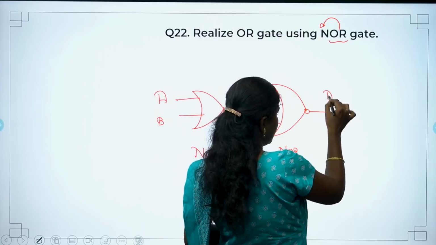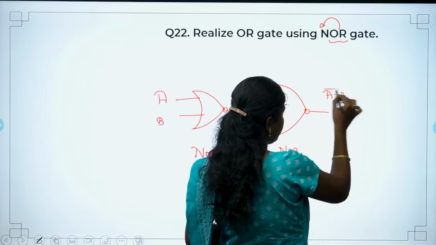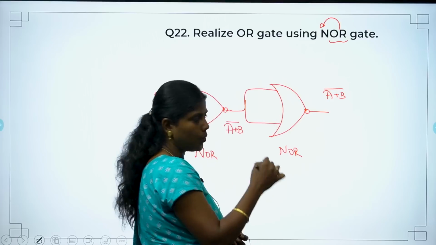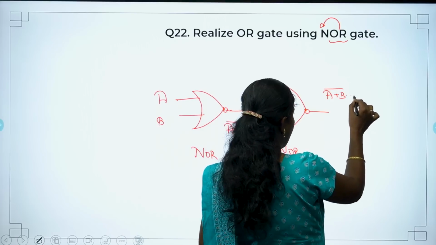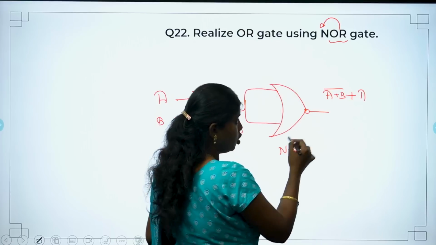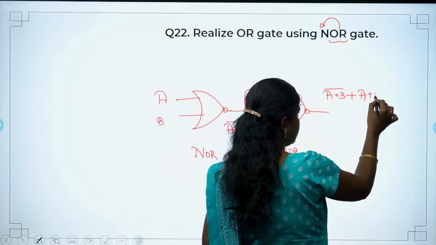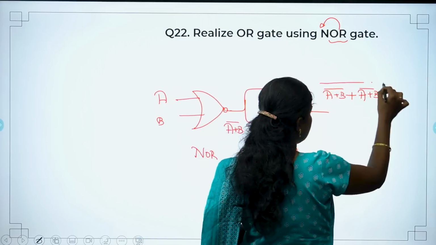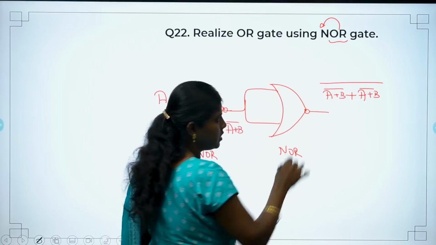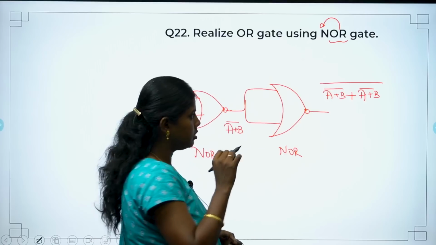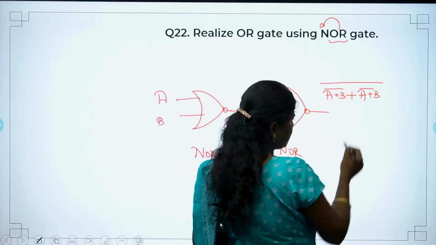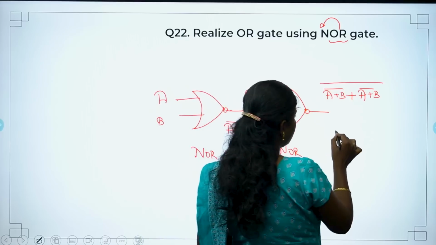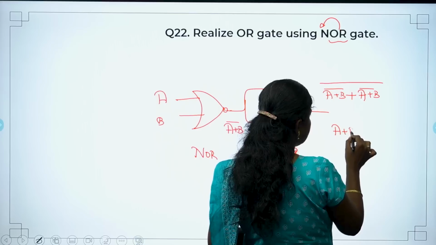So it is A plus B negation. This is one term. This is add. I have to do it because it's NOR only. A plus B negated. I have added both the terms and then complete negation. This negation is for that outer bar. So what is x plus x? X plus x is equal to x only, no? So A plus B, it's that only.